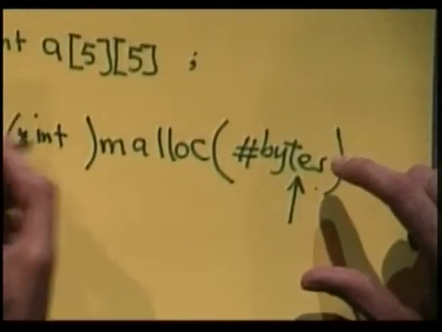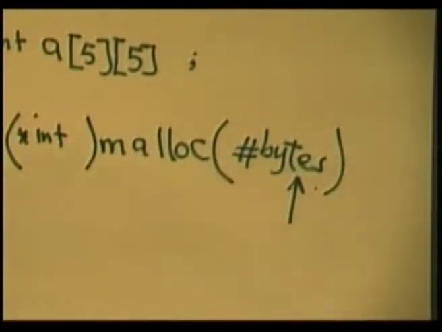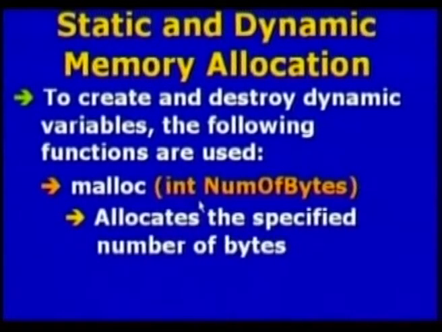So I say something like x equals, asterisk, integer between brackets, malloc, whatever number of bytes. So malloc, integer, number of bytes. In this example, I'm saying that I'm reserving a number of integers. As a result, it allocates the specified number of bytes, and they're now going to be assigned to whatever pointer you have already declared.